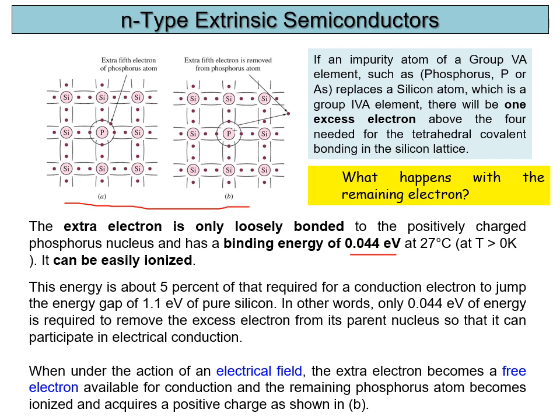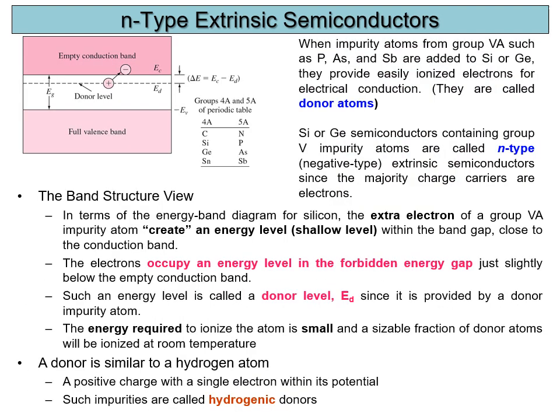When we apply the electric field, this electron will easily become a free electron, so it will jump into the conduction band to conduct electricity. That is what we call an N-type extrinsic semiconductor.